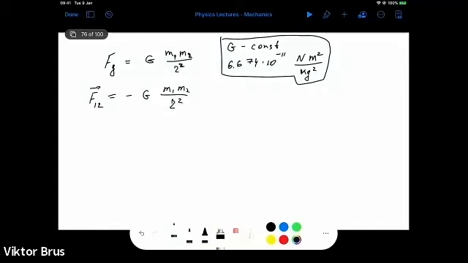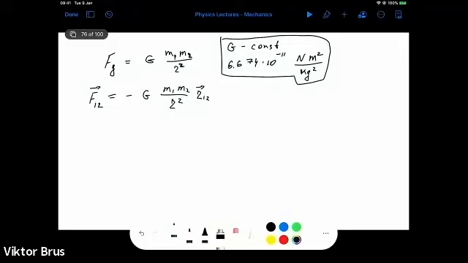And here we have a unit vector, which is directed along the radius vector. So it's like a unit radius vector. It gives us the direction. And the unit radius vector is directed along the radius vector, which goes from body 1 to body 2.